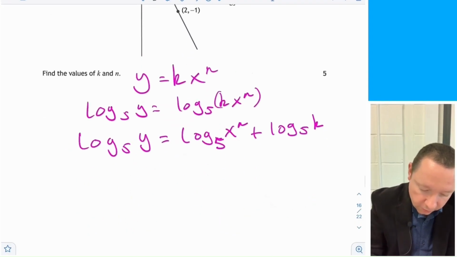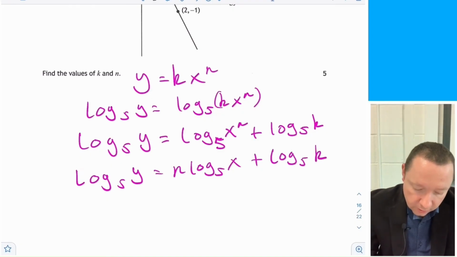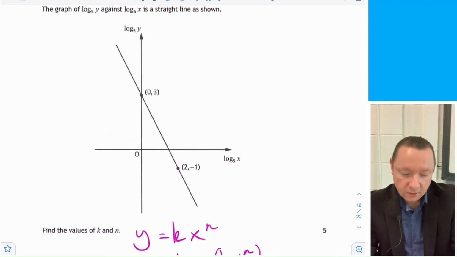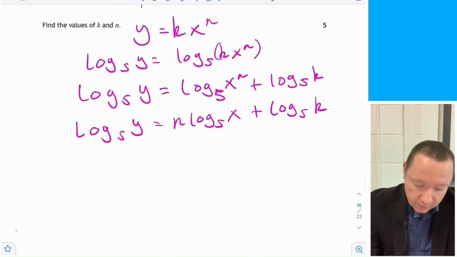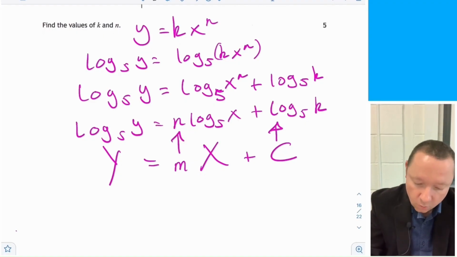Bringing the n down in front, we've got log 5 y equals n log 5 x plus log 5 k. That's a bit like, because it's logarithmic, log base 5 of x and log base 5 of y, that's a bit like a big y equals mx plus c.